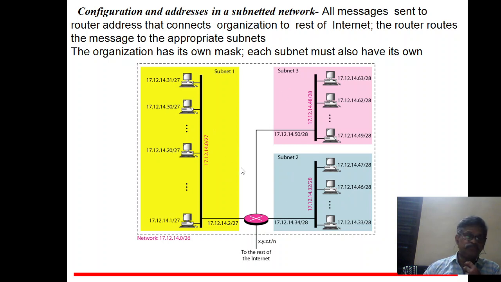Earlier we saw supernetting, in which 256 groups were combined to form a larger one, in which the net ID portion was decreased. That is supernetting: making a larger group, whereas this is making a smaller group. Subnetting is making a smaller group and supernetting is making a larger group, because the class size was fixed.